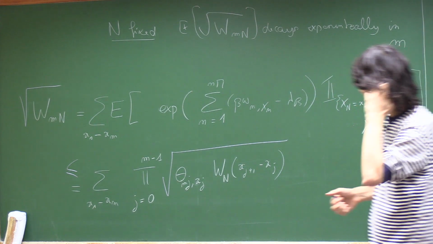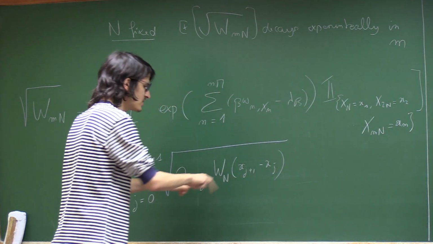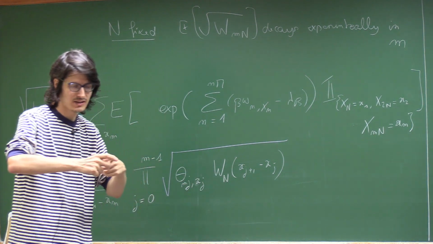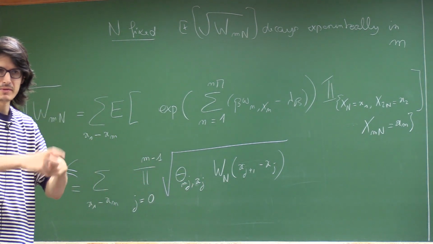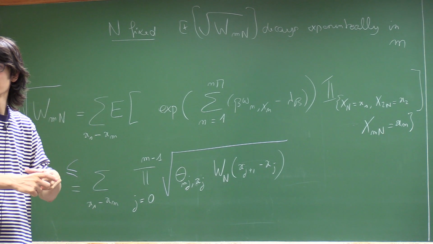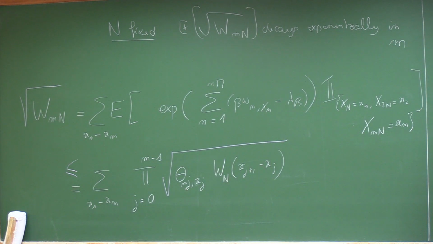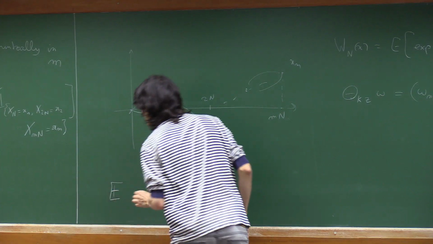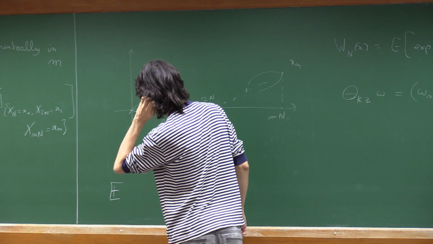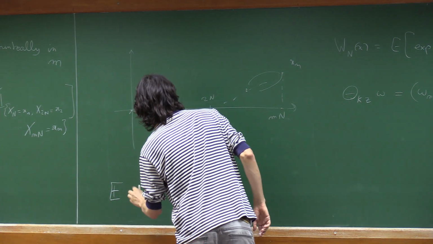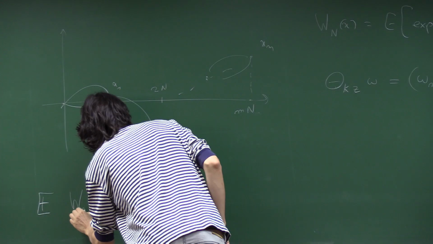And now if you look at these random variables, they depend on time disjoint slices of environment. So they are independent.